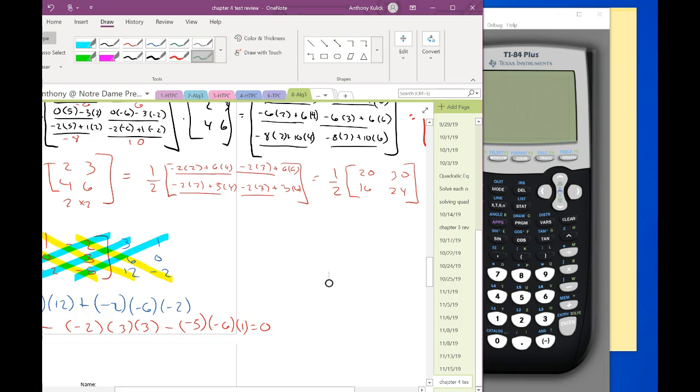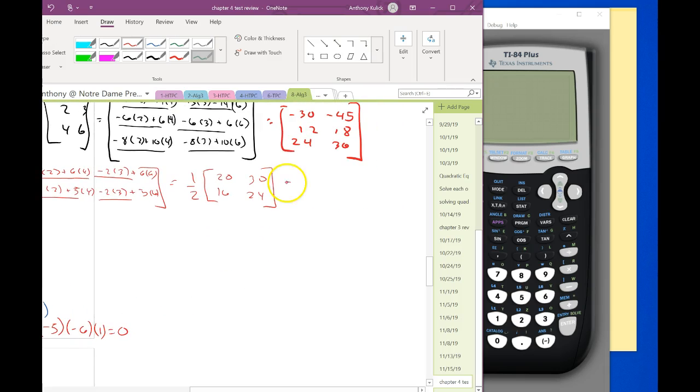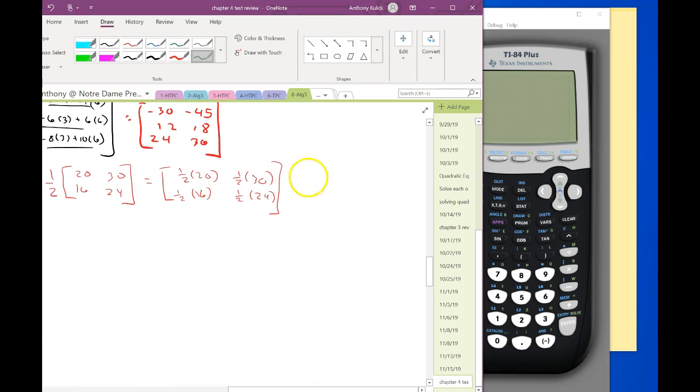Okay there? All right. And when I do the scalar multiplication, that 1/2 gets applied to every entry. So I end up with 10, 15, 8, and 12 as my final answer. Is that okay there?